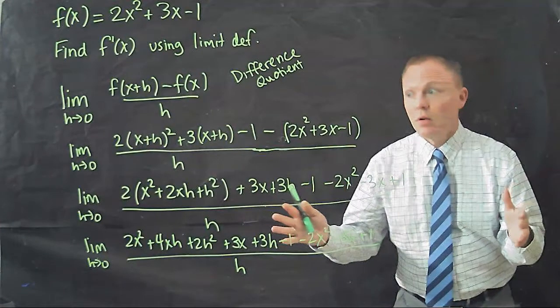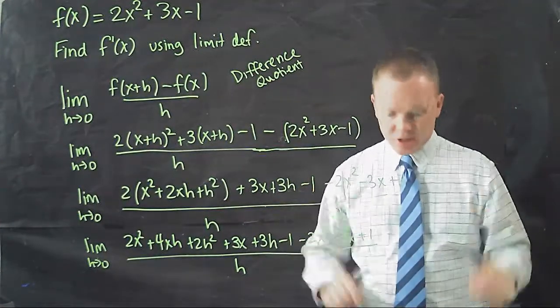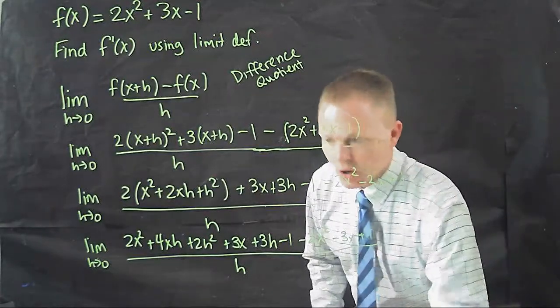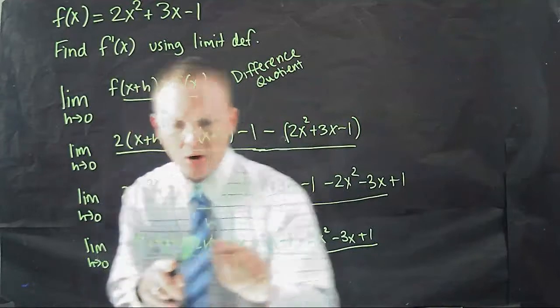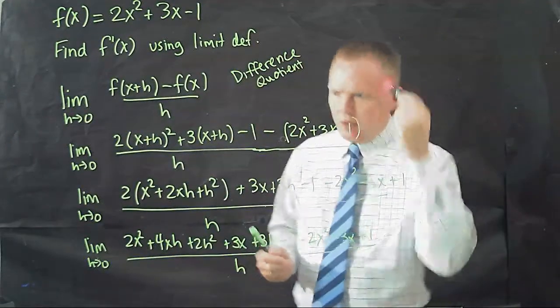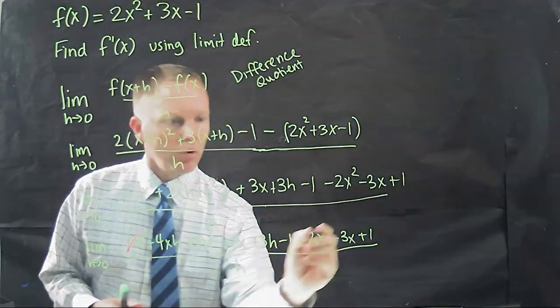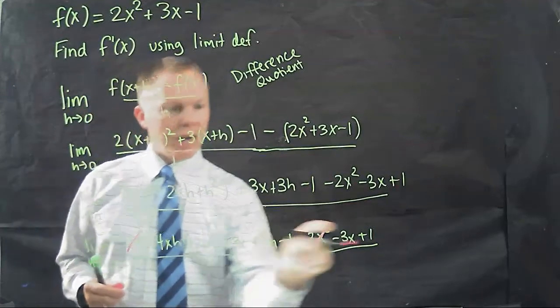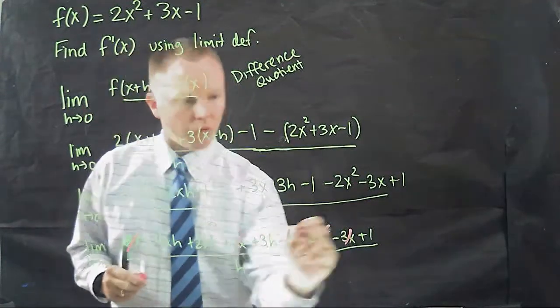Okay, now, if you did this right, magic is going to happen, because all of the terms up in the numerator here that don't have h in them are going to disappear. So watch this. 2x squared, negative 2x squared. 3x, negative 3x. Negative 1, plus 1.